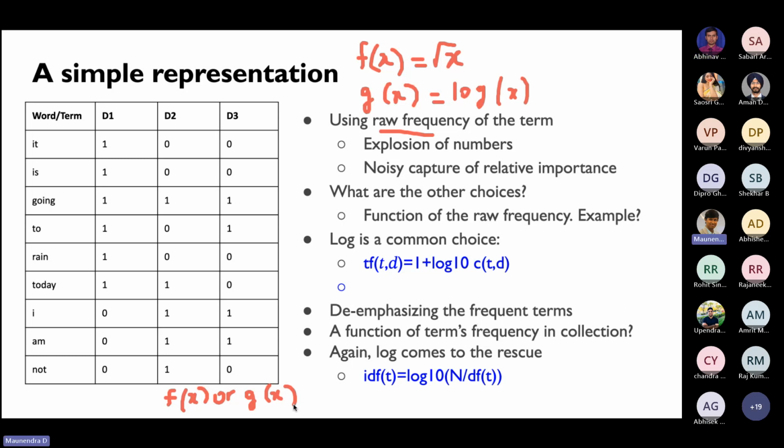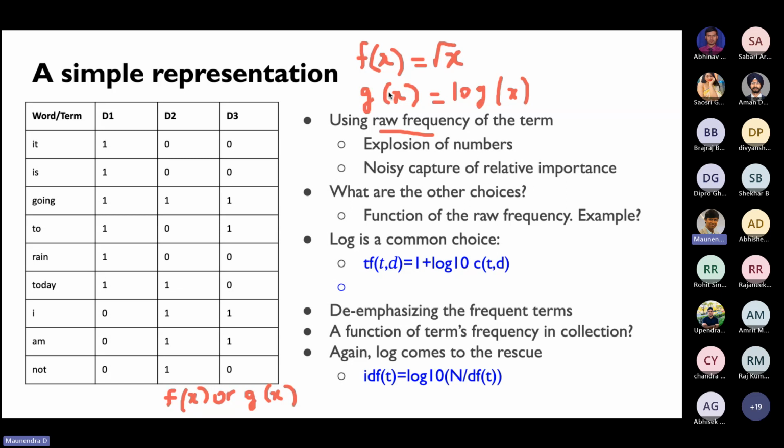So I think all the answers that you have got so far are valid, and this is why the log function is typically chosen. The rate at which f(x) grows is still much higher than the rate at which g(x) grows. If you plot the function of square root of x and the function of log x, you'll see that after some time the gap between them is quite high.